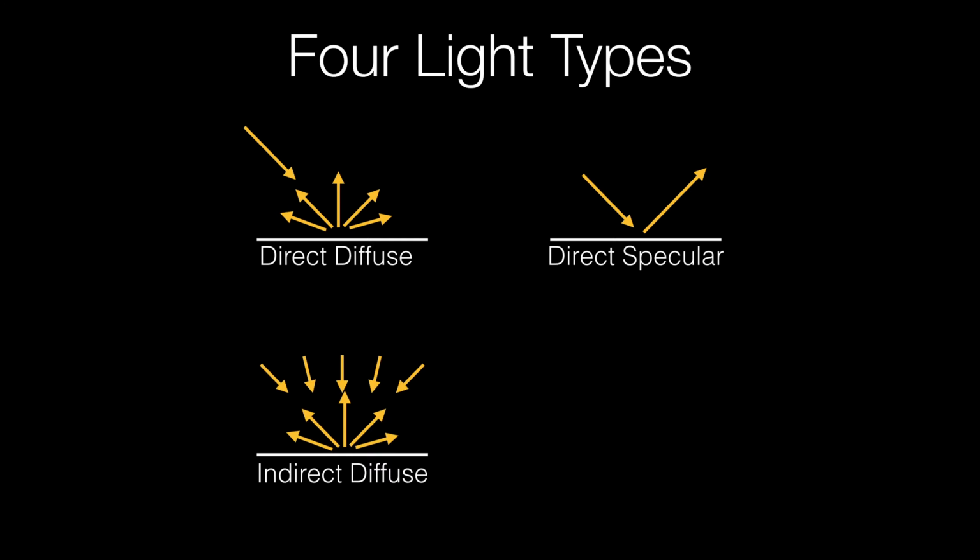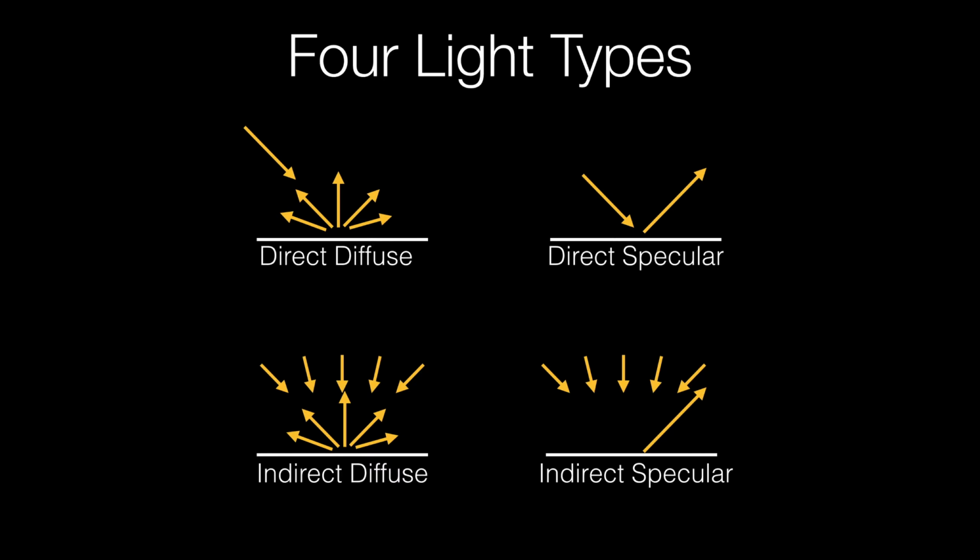Indirect diffuse is light coming from the ambient environment and getting scattered by the surface. And indirect specular is ambient light coming from the environment and being reflected in a focused direction. These four distinctions don't really exist in reality, but in computer graphics it's convenient to break things down this way so that we can develop methods for handling each of these.